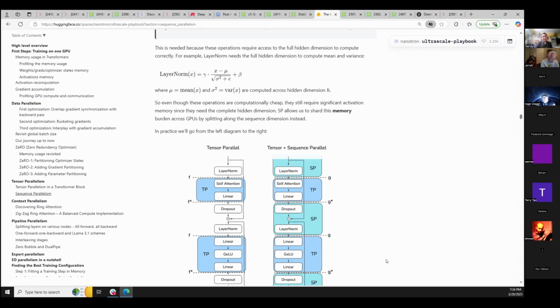So what you can do instead is, if you're doing an LLM that has a sequence length of 4,000 and you are doing tensor parallelism up to level 8, the MLP and the attention you do as we've described with tensor parallelism. That requires a little bit of communication. But when you get to the layer norm, you say, GPU 1, why don't you do layer norm on the first 500 tokens?